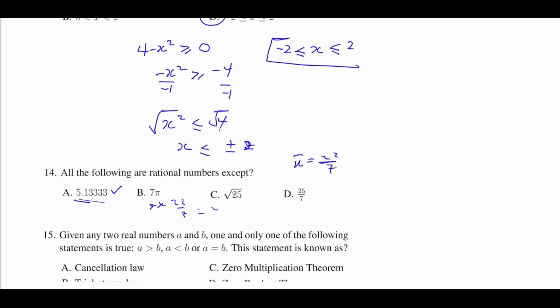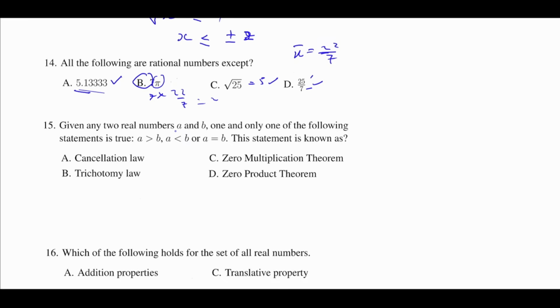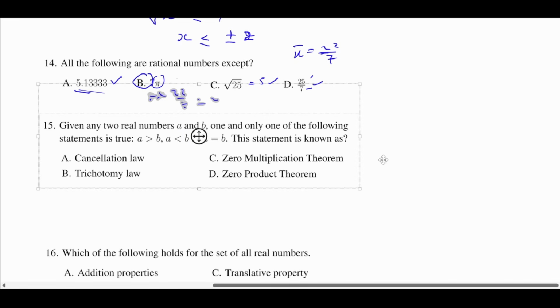When we come here, root of 25 is 5, which is a rational number. And then 25/7 is a rational number, as we can see, integer over an integer. But this particular pi is an irrational number, and it is attached to a number here. So because of it being an irrational number, this disqualifies the whole thing from becoming a rational number. And so the answer is what? B.